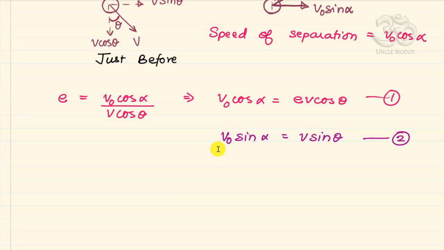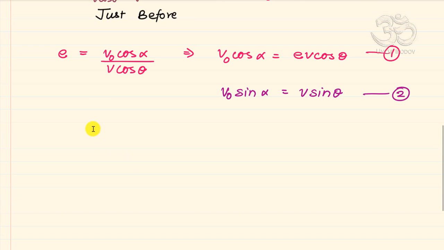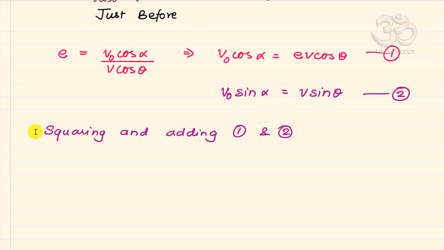And 1 and 2 give us a way of finding out v naught as well as alpha. So if you square and add, squaring and adding 1 and 2, you will get v naught square cos squared alpha plus v naught squared sine squared alpha. You take v naught squared common, and cos squared alpha plus sine squared alpha is 1.